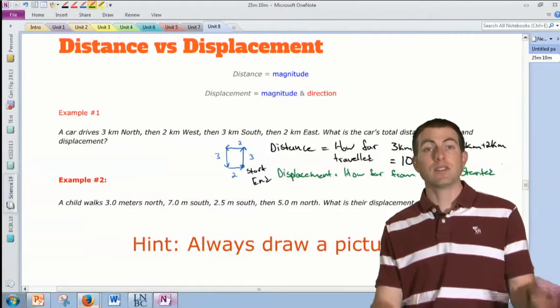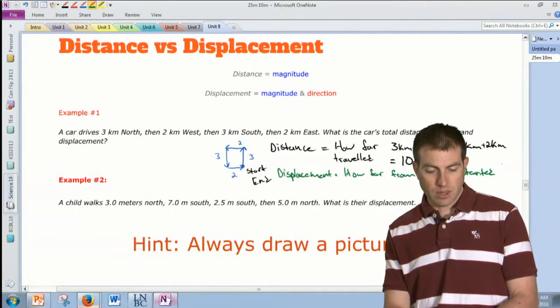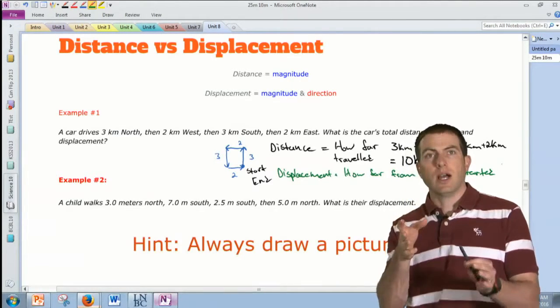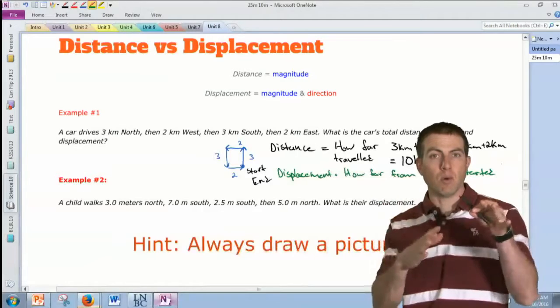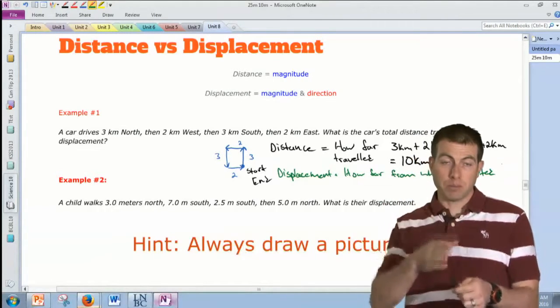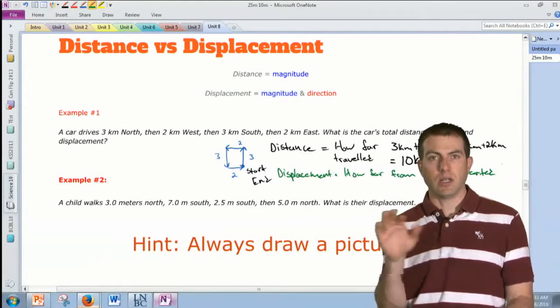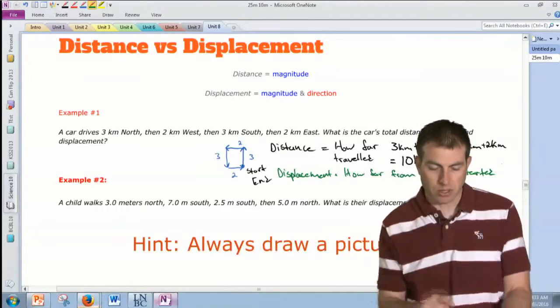The displacement is the same as the resultant. They're the exact same idea. Yep, they will mean different things. We can talk about the resultant in more than one dimension, so like we can go up, down, left, right. Generally speaking, displacement will be on like a horizontal line sort of thing.